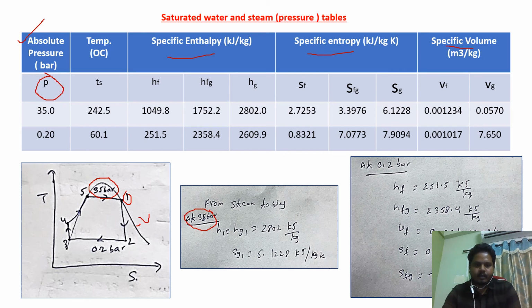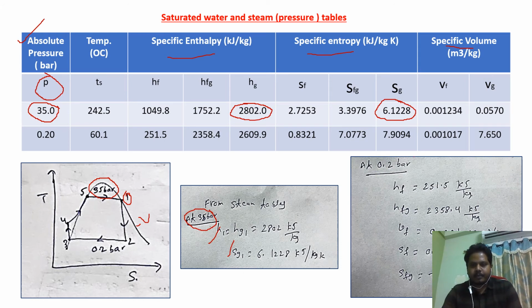But since the point is on the saturated vapor line, we have to take the Hg, Sg and Vg values. If you look at the steam table at 35 bar, the Hg value is 2802.0 kilojoule per kg and the Sg value is 6.1228. Here we can see it is already written. Since the point is 1, we can write it in terms of H1 and S1.